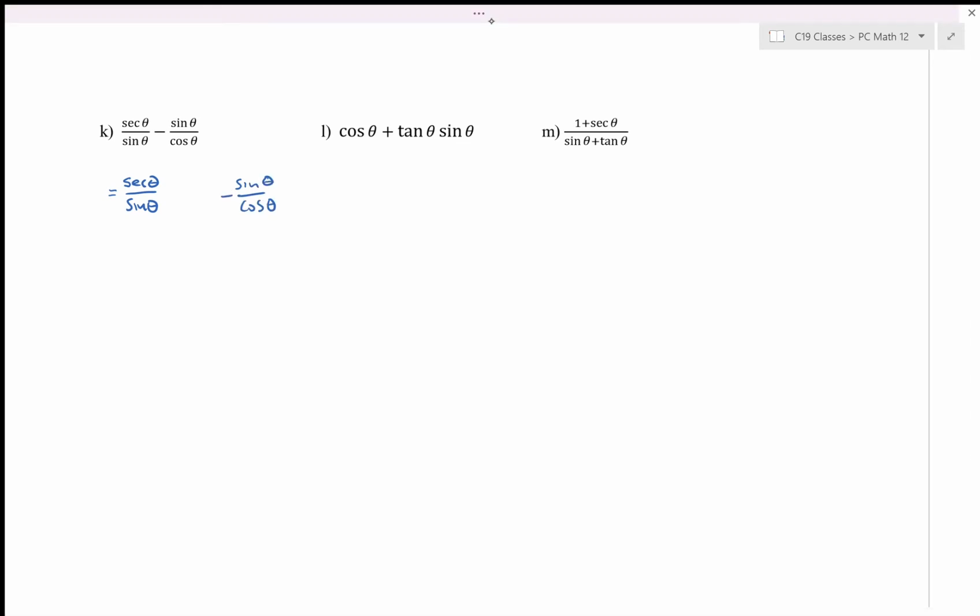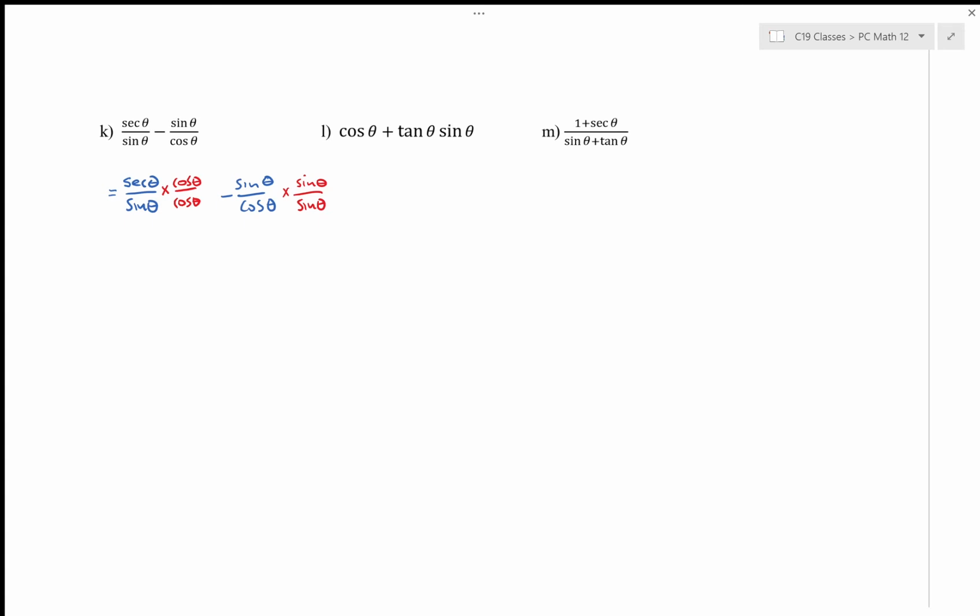The first fraction, because I need it to be sine theta cosine theta, needs to be multiplied by cosine theta over cosine theta. And the second fraction needs to be multiplied by sine theta over sine theta. Now what that does is it gives both fractions a common denominator of sine theta times cosine theta. And when we're adding fractions, we need to be cognizant of that.